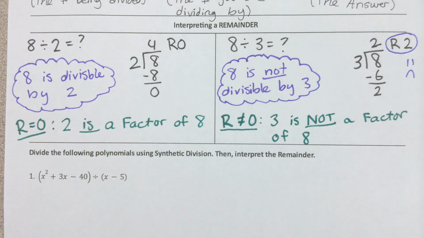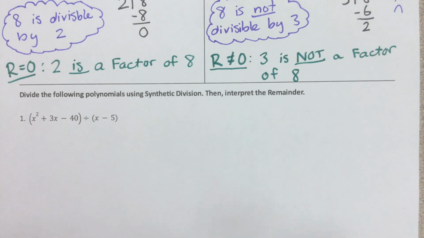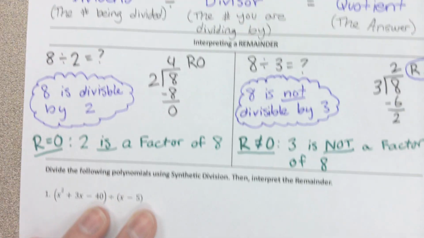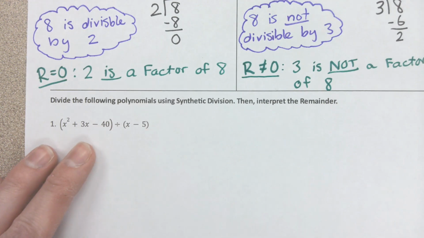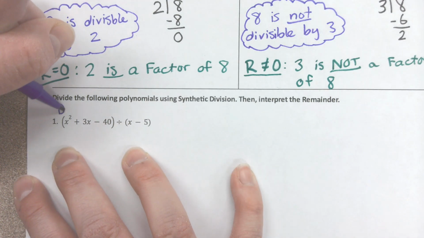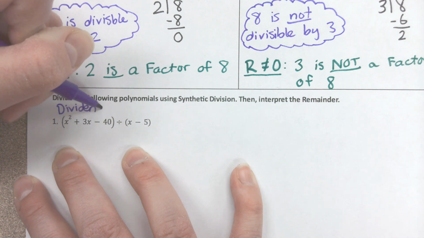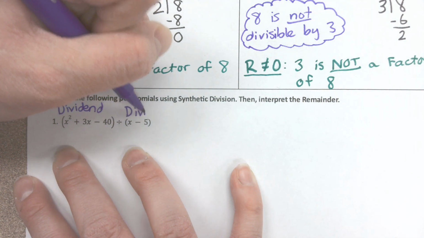That's the goal. Let's look at an actual Algebra 2 style problem, synthetic division. Divide the following polynomials using synthetic division, then interpret the remainder. So let's label these positions again according to the vocab above. The first term is the dividend, and the second term is the divisor.